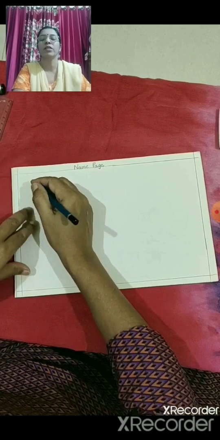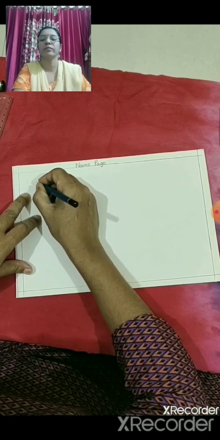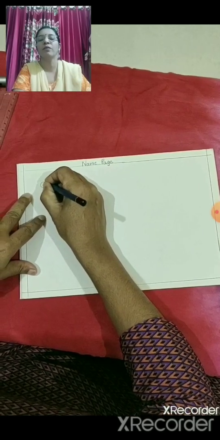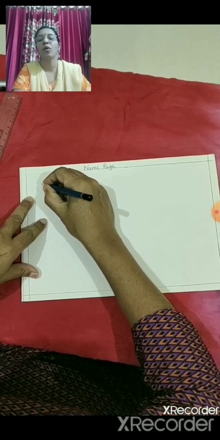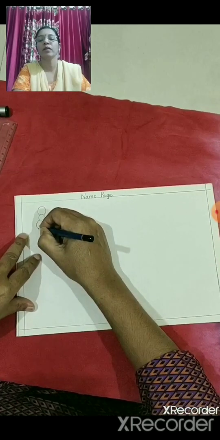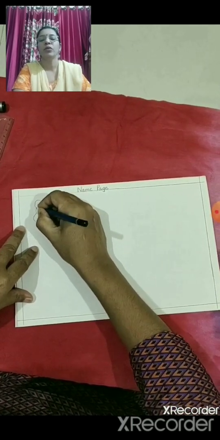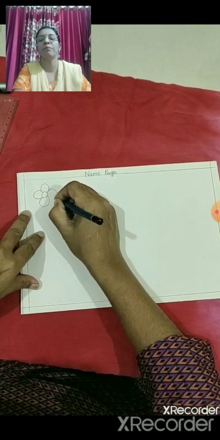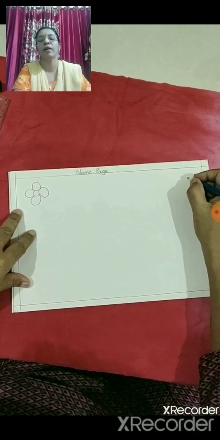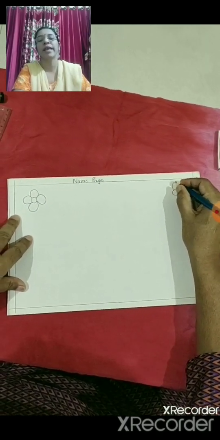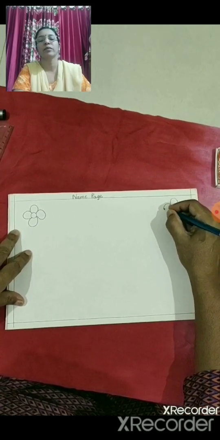Now I'll start with the design. I'm going to draw a flower on all the four corners of the page. Children, here you can draw any type of flower, any shape of the flower. Not necessary you have to draw the same type of flower.